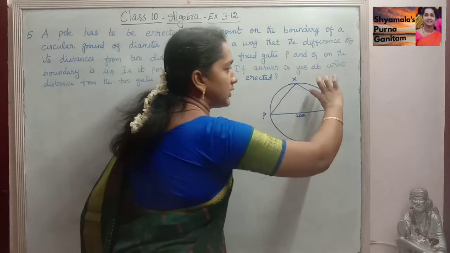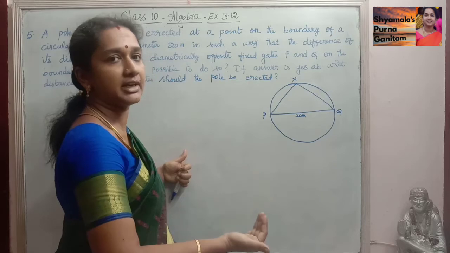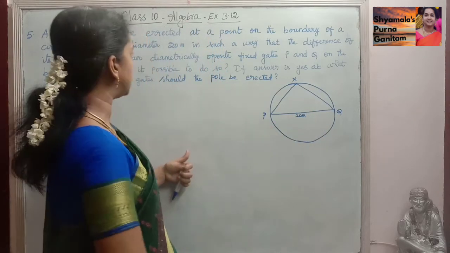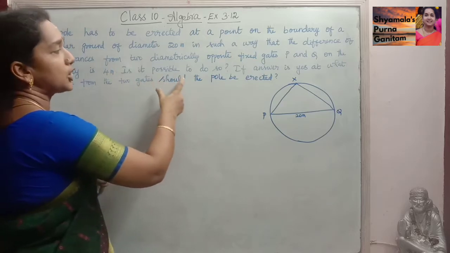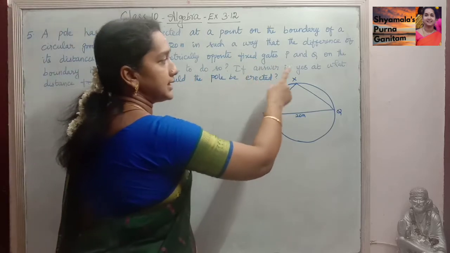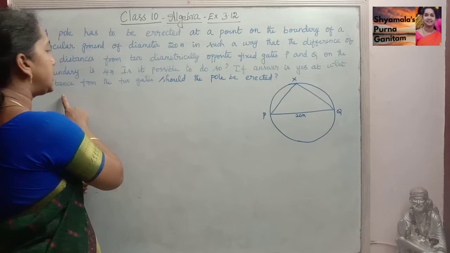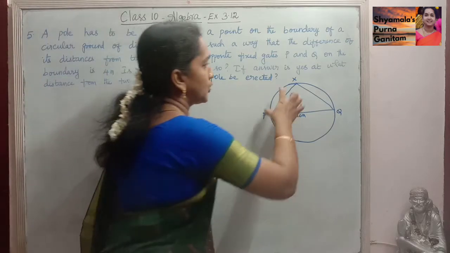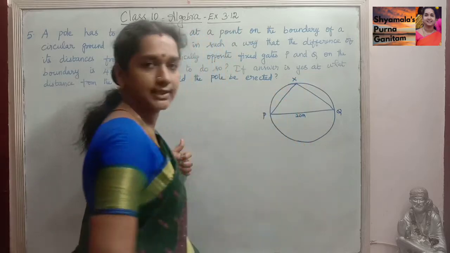So the difference between these two is 4 meter and the diameter is 20 meter. Is it possible to do so? If the answer is yes, at what distance from the two gates should the pole be erected? We are asked to find these two distances.